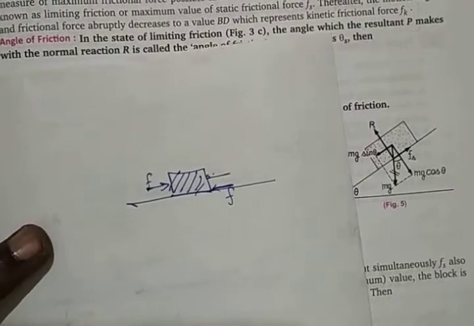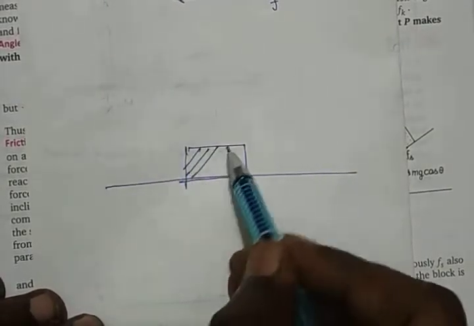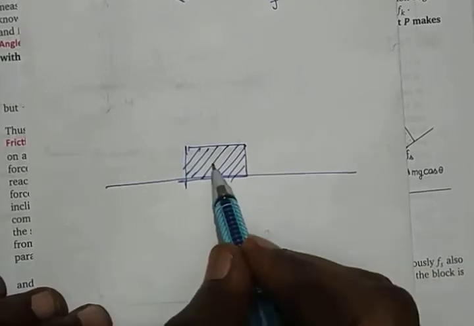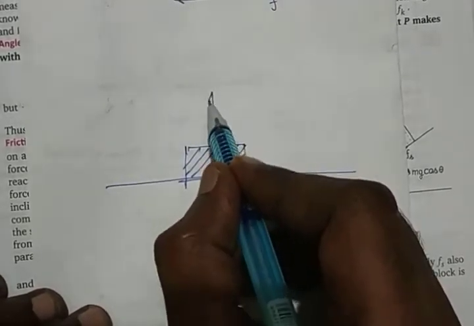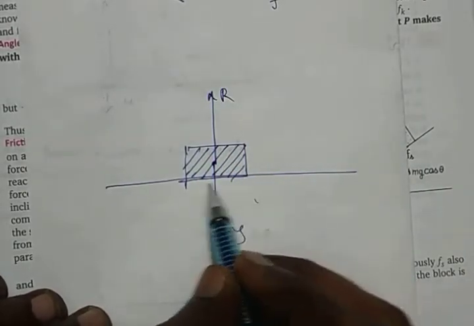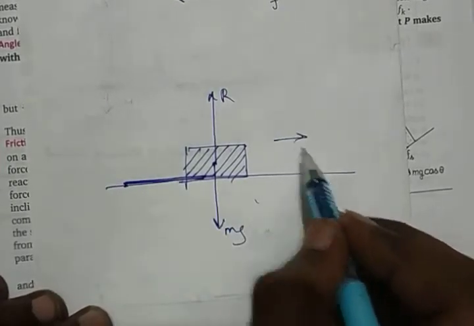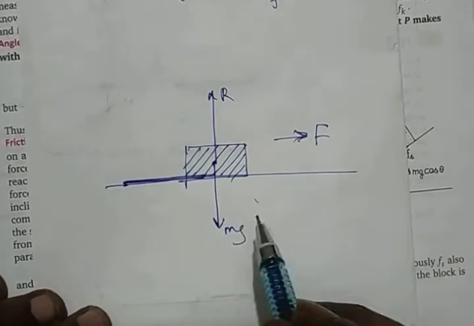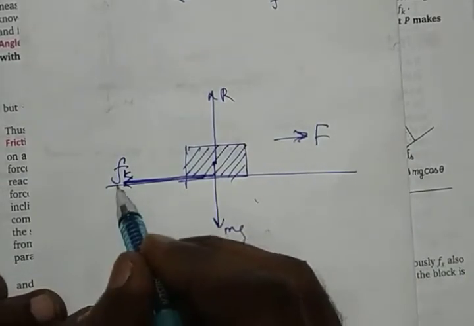The next one is angle of friction. What is the angle of friction? A quick representation here. Draw this diagram. The body is here. This is mg and this is the normal reaction, and this is the frictional force, kinetic friction, when the body is on the move under the external force.